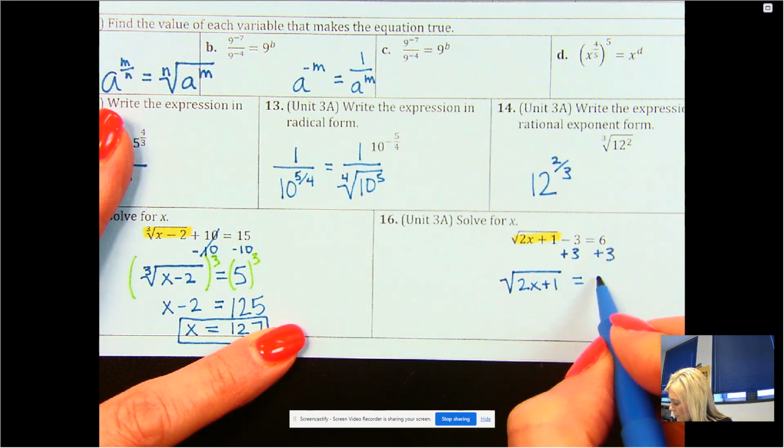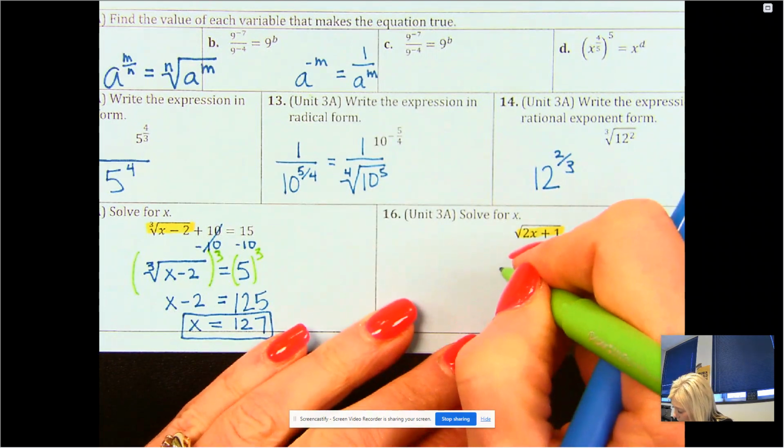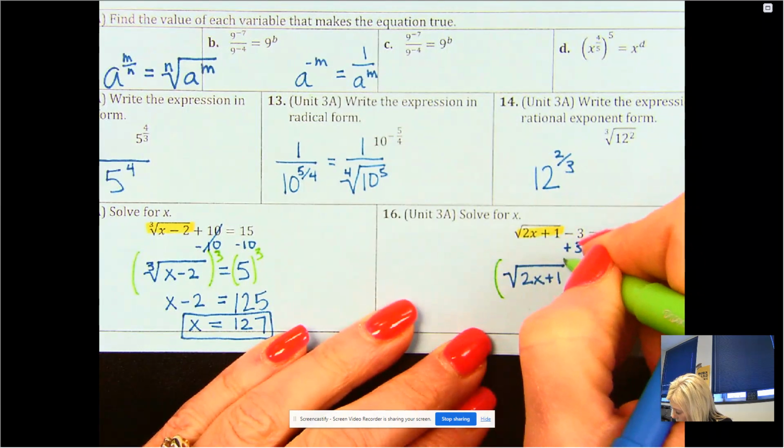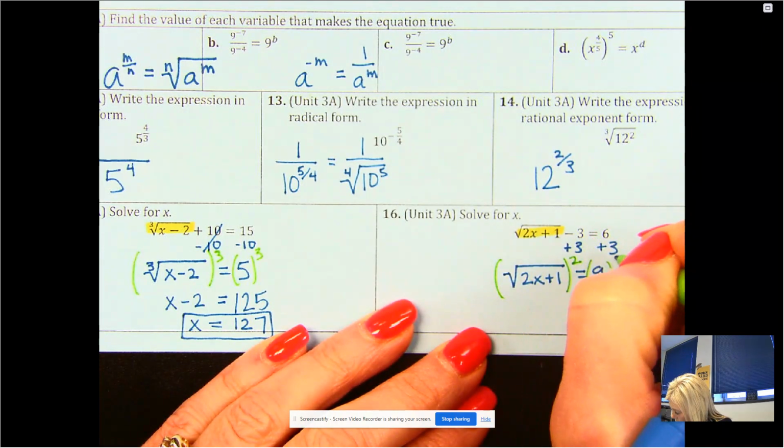And then 6 plus 3 is 9. Okay, so we isolate the radical and then we use an exponent to get rid of it. This is a square root, so the exponent we use is 2.